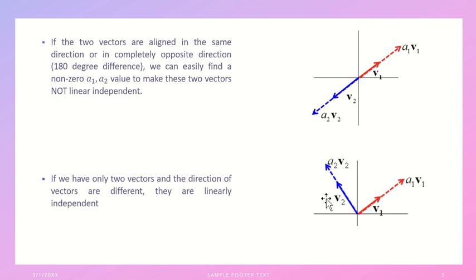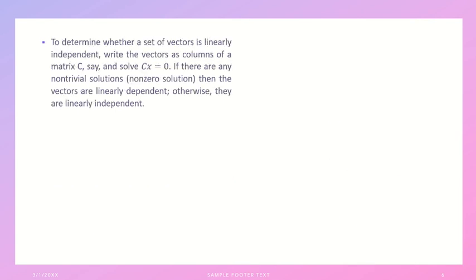In the next example, we have two vectors with completely different directions, not a 180-degree difference, but completely different directions, and so these two vectors are independent.